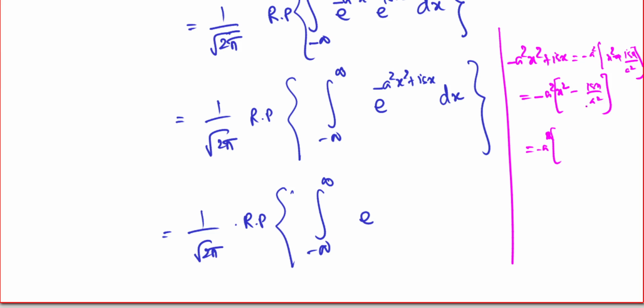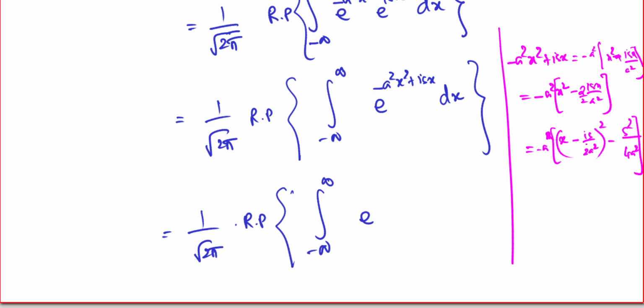Because it's supposed to be 2ab, so multiply and divide by 2. So here it is x minus is by 2a square whole square, and you also have to subtract what you have added, which is is by 2a square squared, that is i square over 4a square, therefore I get minus 1 here. Okay. That's the idea.